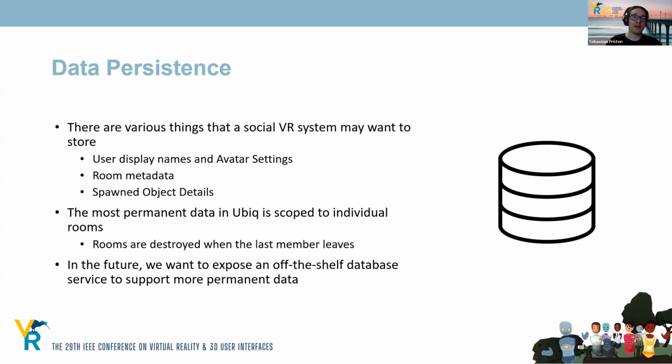So I did say that Ubiq can spawn objects, and it does have some persistent data. And currently that is scoped at most to the room level. And rooms by default on the server do hold data and they are destroyed when the last member leaves. So the most permanent data in Ubiq has the lifetime of an individual room.